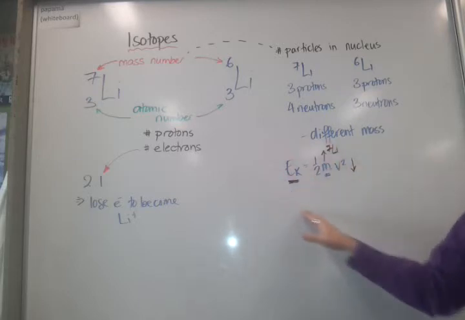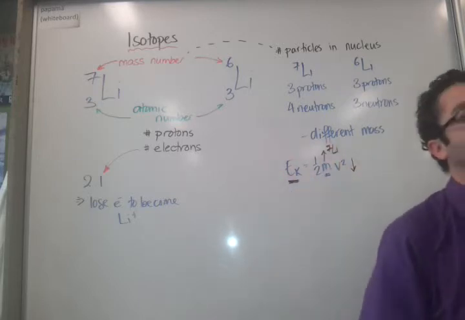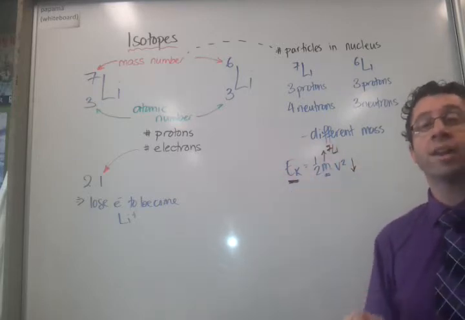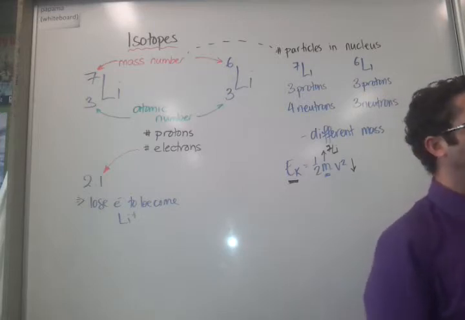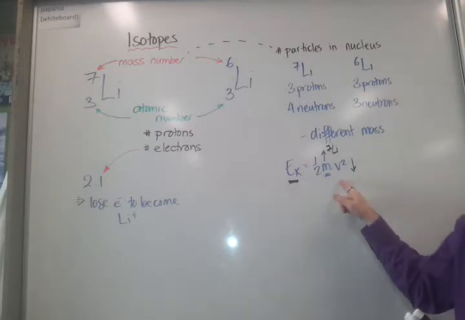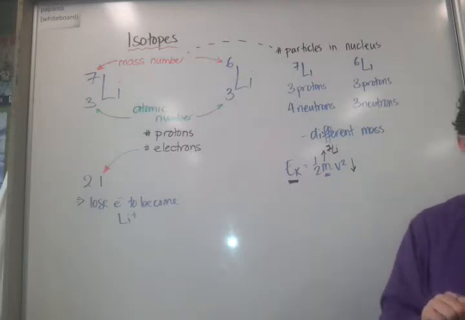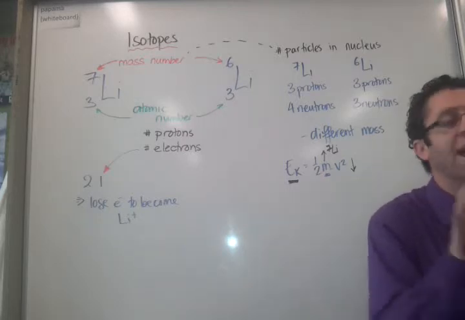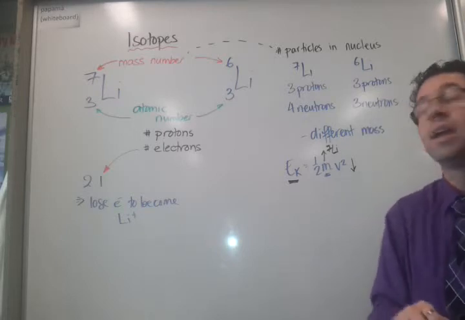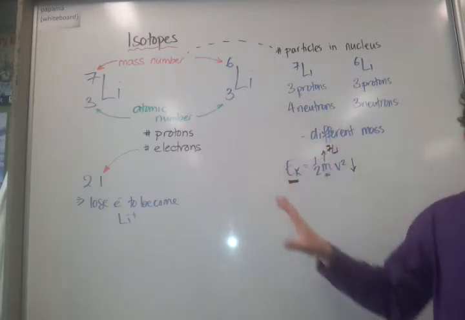The far-reaching thing is that there will be a slight difference in how quickly they react, because the particles will have different speeds because of their different masses. Right? So at any given temperature. That's basically isotopes in a nutshell.